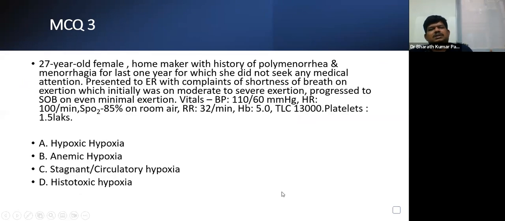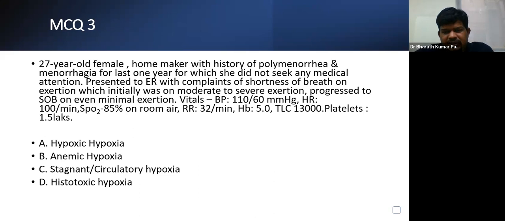So coming to the third MCQ, here comes a 27-year-old female homemaker with history of polymenorrhea and menorrhagia, that is frequent menstrual cycles and increased flows whenever she gets a cycle for the last 1 year, for which she did not seek any medical attention. Now she presents to ER with complaints of shortness of breath on exertion, which initially was on moderate to severe exertion, now progressed even with minimal exertion.